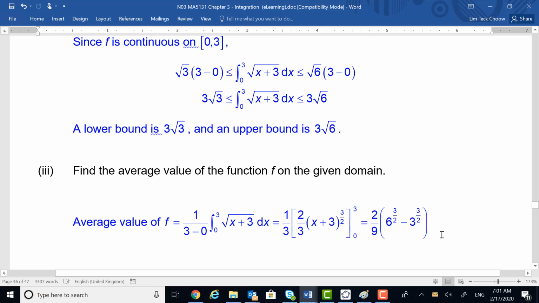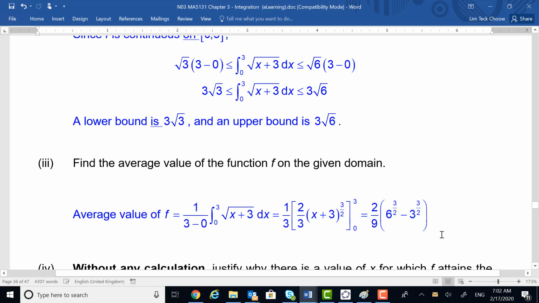Now to find the average value of the function, you have to integrate the function from 0 to 3 and divide over the interval. Average, take the sum, integrals are kind of like a sum over the interval, and this is the average value.